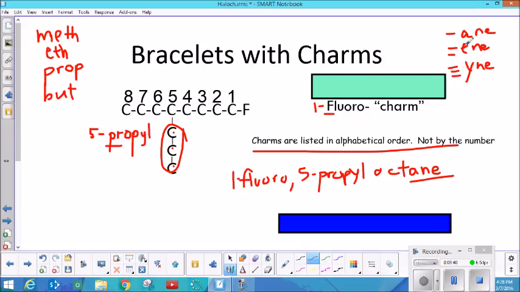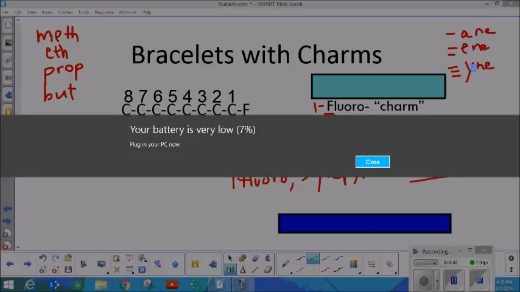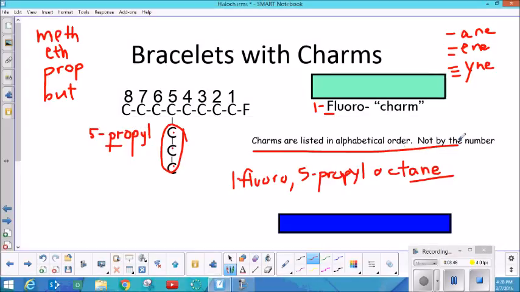And to me, it's easy because they're in alphabetical order, and that is how I would decide which way to organize that. So the name of this is 1-fluoro, 5-propyl, octane.